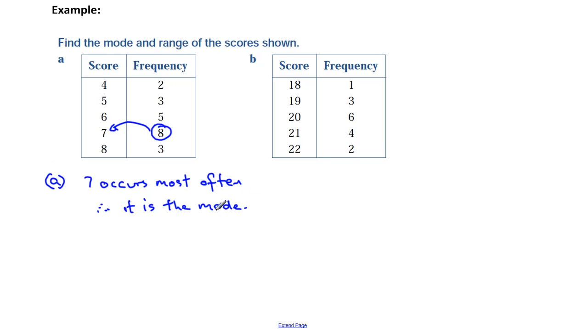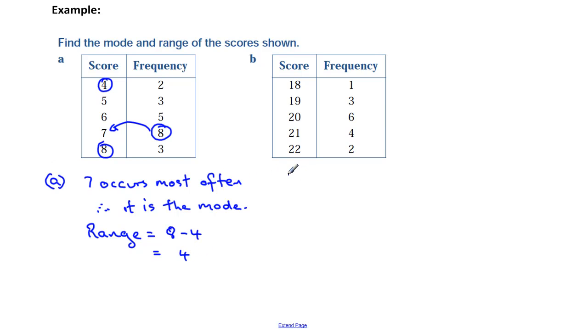There we go. What about the range? Oh well, the range would be equal to the highest score minus the lowest score, and that's pretty easy to see. There's the highest score, there's the lowest score, so the range is 8, take away 4, we need to work that out. Our answer is 4.